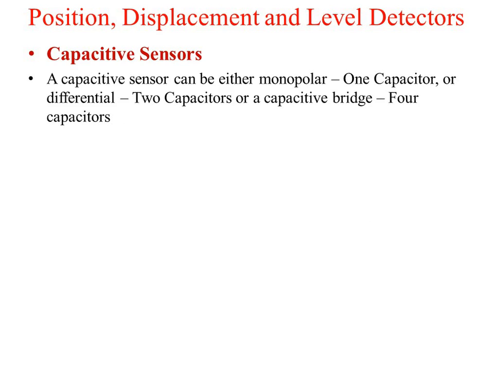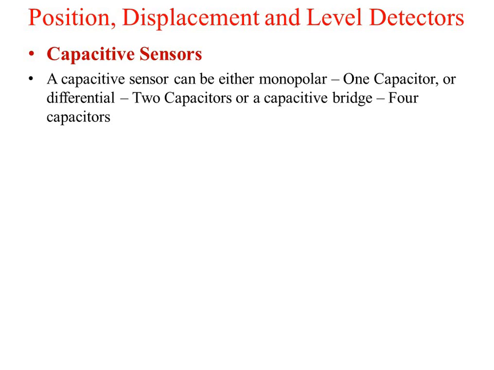So this is how you can have sensors which are used in different modes also. You can use it in monopolar mode, that means a single capacitor. You can use a differential mode also, where you use two capacitors in opposite polarities. Or you can use it as a capacitive bridge also, that means 4 capacitors are used.